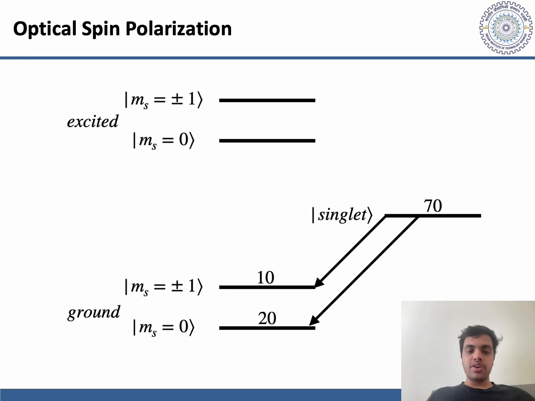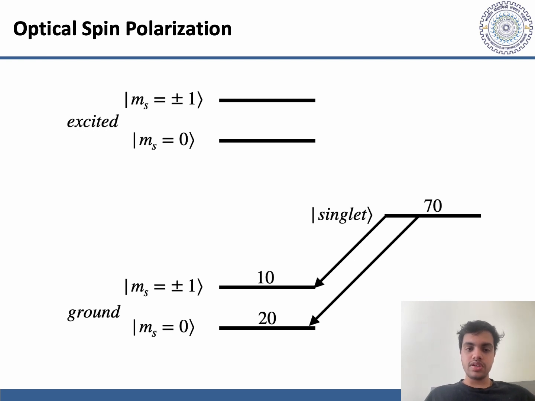So now, because there is a disproportion in the decay, out of the 50 MS equals plus minus 1 states, 40 of them come to the singlet state, but out of the MS equals 0 state, only 30 of them come to the singlet state, which gives you a total of 70 here, right?